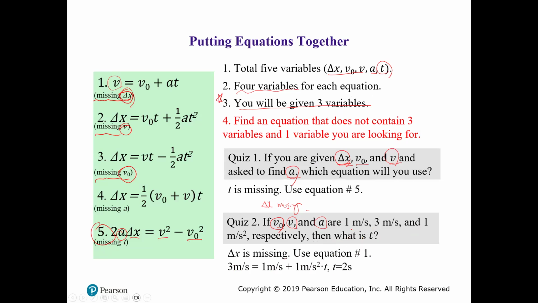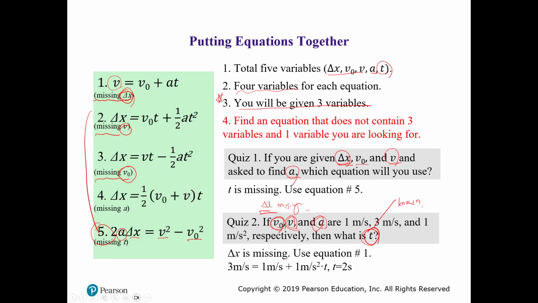And after you find the t, now t is known as well, right? Because initially you know these 3 only, but now you find the t as well. So now you have 4 knowns, 1 unknown, which is delta x, right?